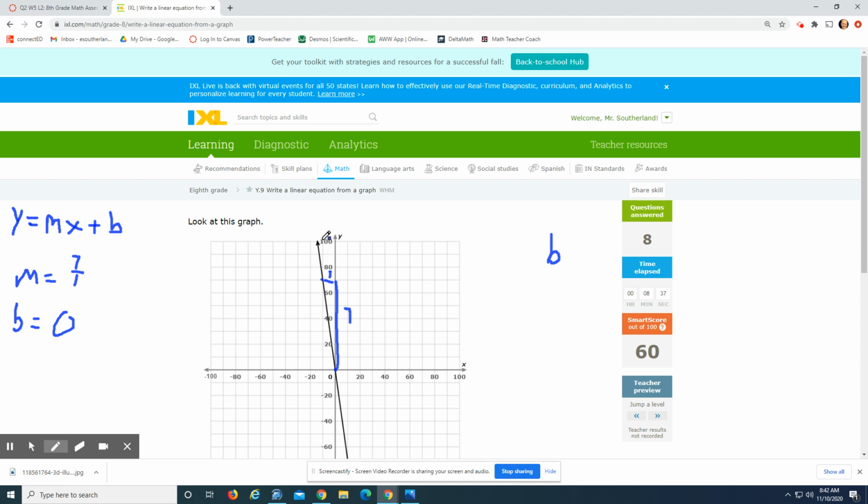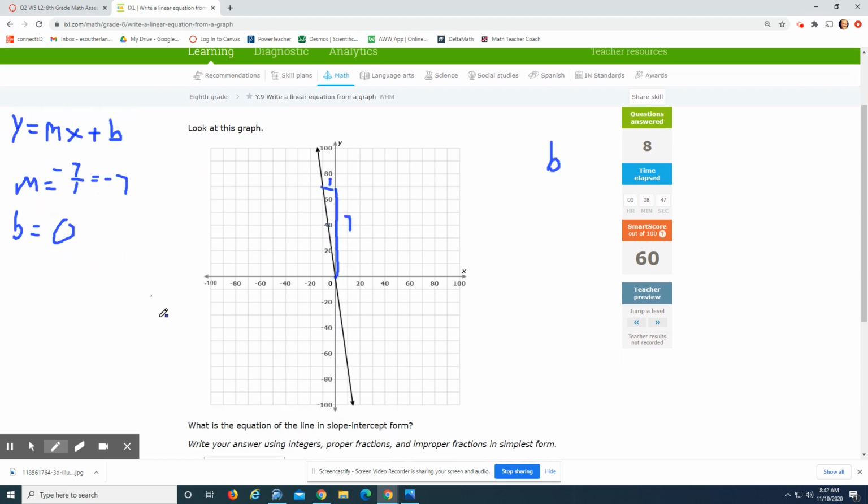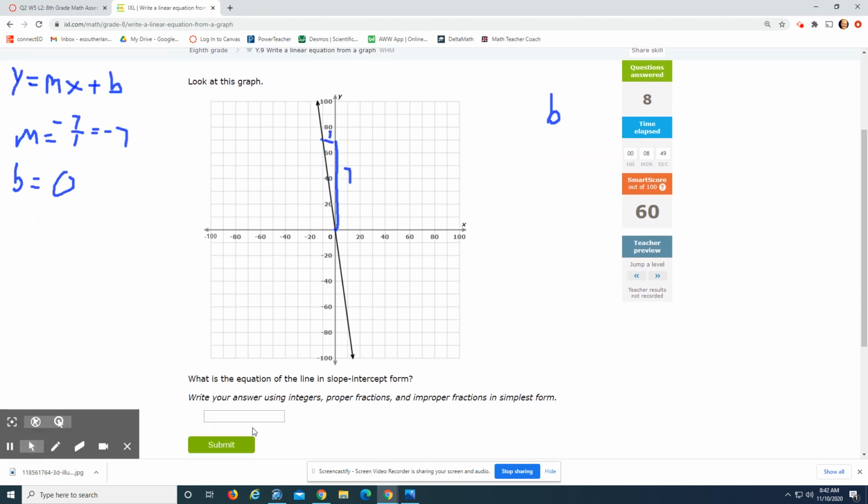And if I start left to right on the line and follow it, it's going down. So this is negative. Also note this reduces to negative 7. Again, I go down here and type in y equals negative 7x. And I can add 0. Make sure you put your equal sign.